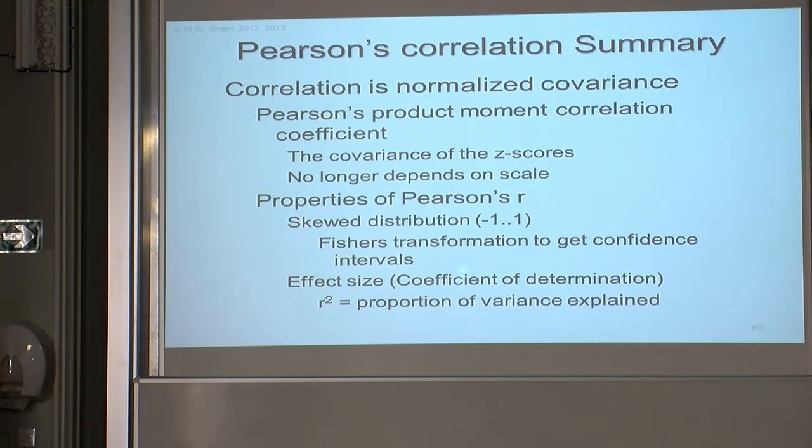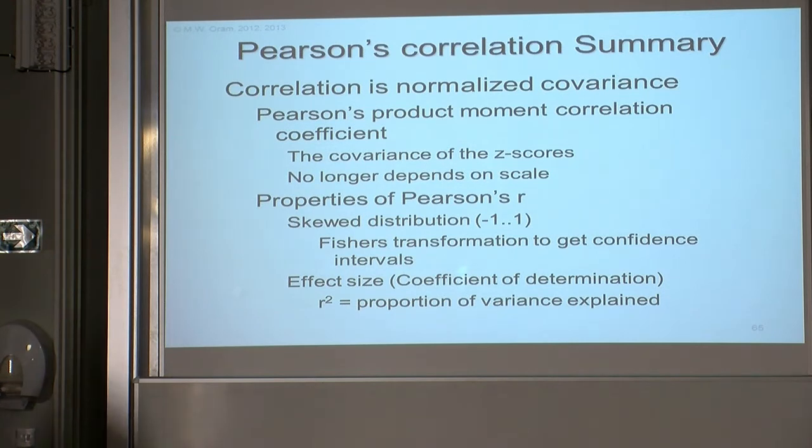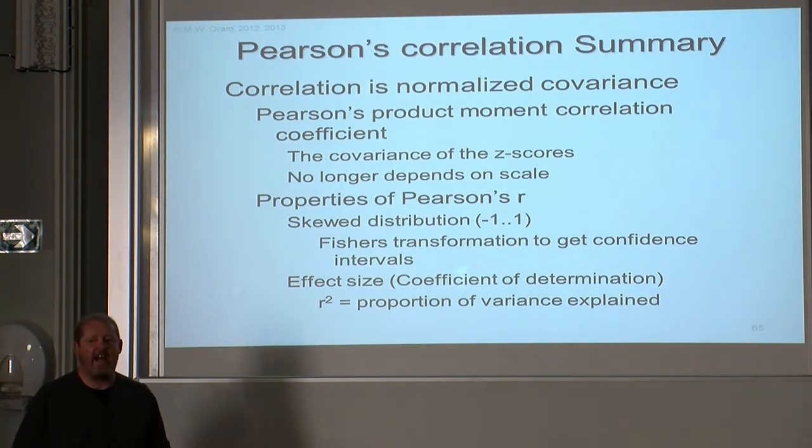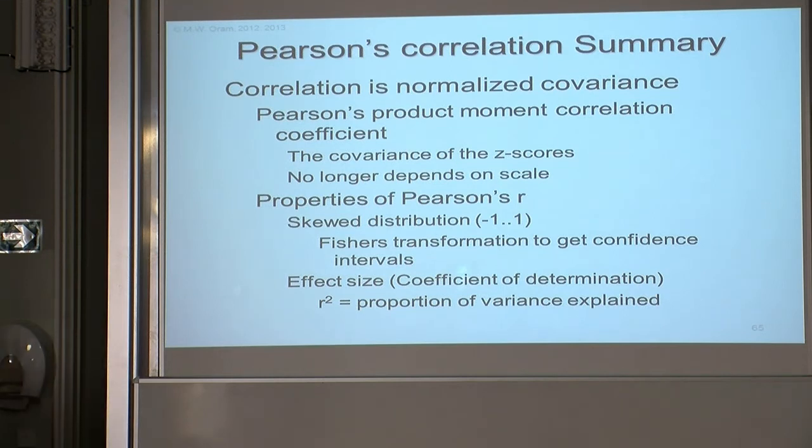Okay, Pearson's correlation. It's the normalized covariance. All we've done is taken the z-scores of both variables, so we've standardized the variables that are going in, and that gives rise to a statistic, a correlation coefficient, which is bounded from -1 to 1, so you can't get a value outside of that. Other than in one instance where the actual population correlation is 0, it will give rise to skewed distributions.